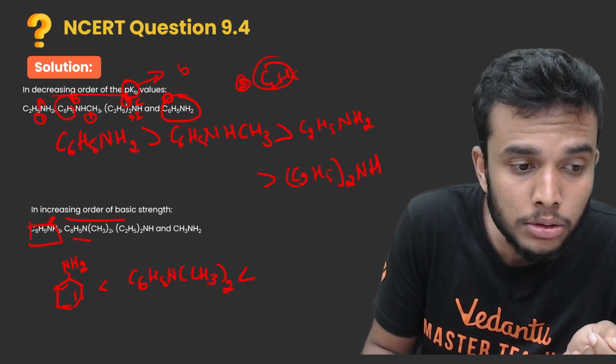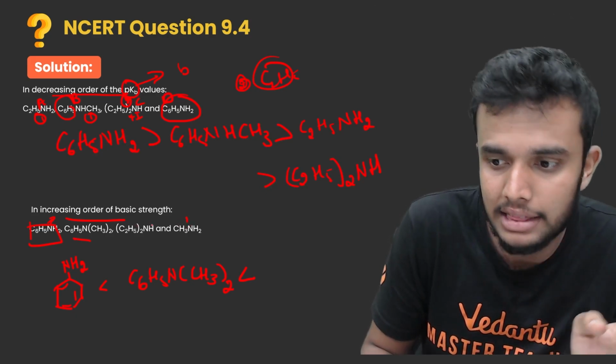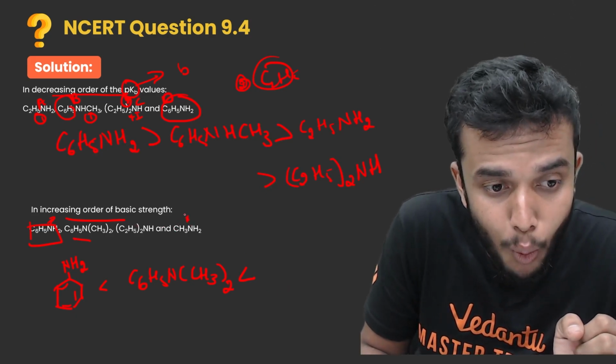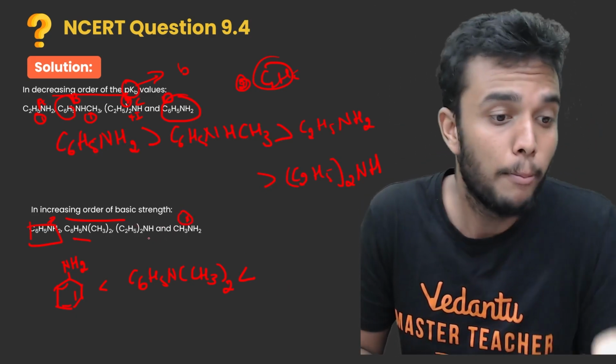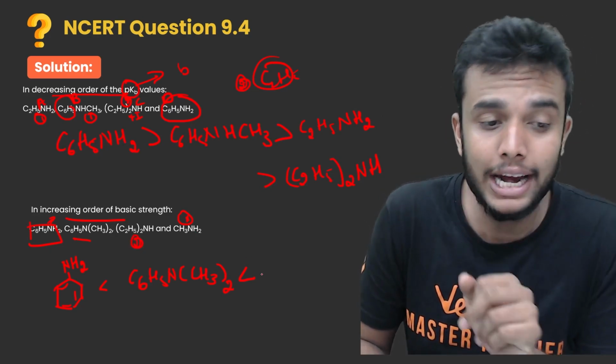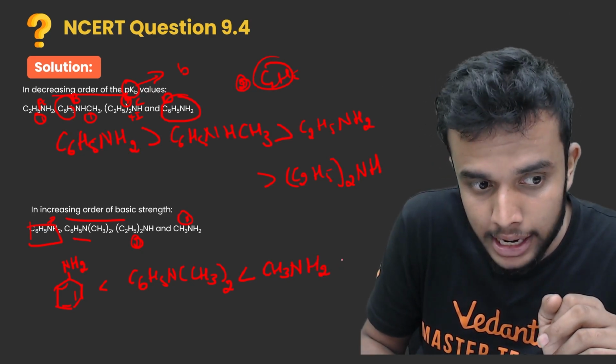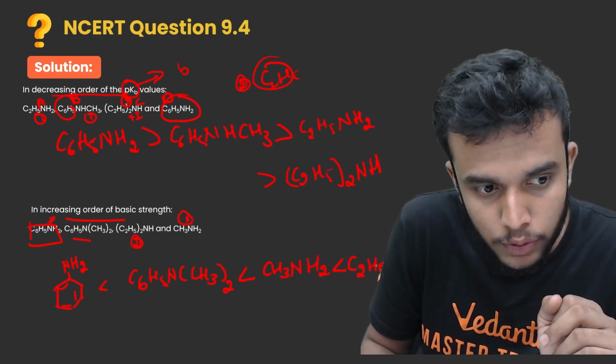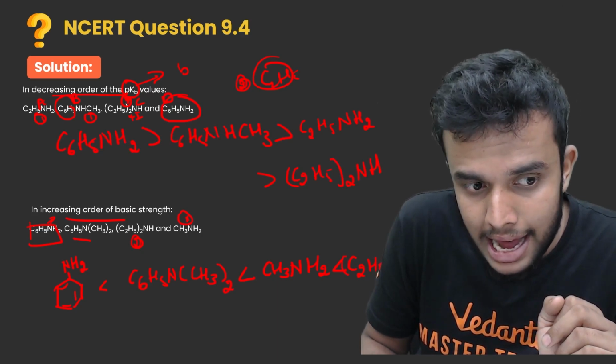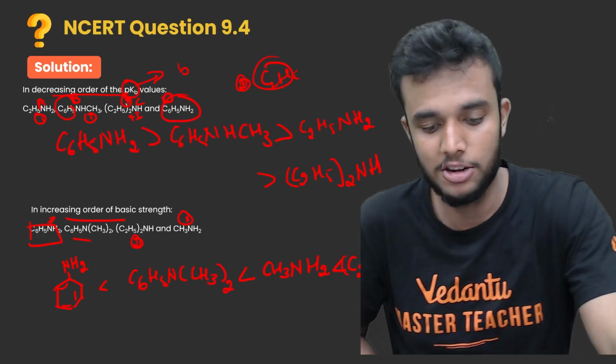Compared to these two, this compound has lower basic strength than this one. Why, students? Here only one electron donating group is there, but in this one two electron donating groups are there. That's why finally the increasing order is this one, then (C2H5)2NH. Yes.